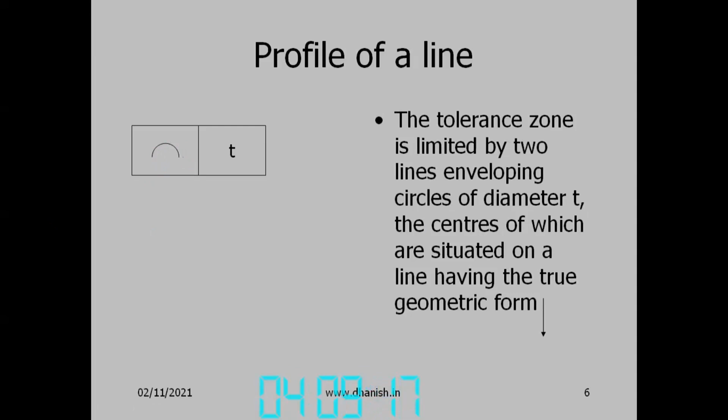For example, in the case of gears, first we have to establish a line of true geometric form, which is an involute profile if it is an involute gear. If it is a cycloidal gear, we have to establish a cycloidal profile, etc. And then imagine a lot of circles on that line, and the enveloping line defines the tolerance zone.